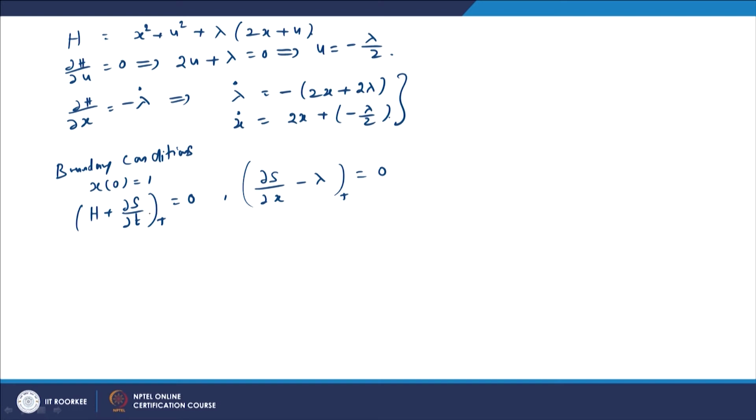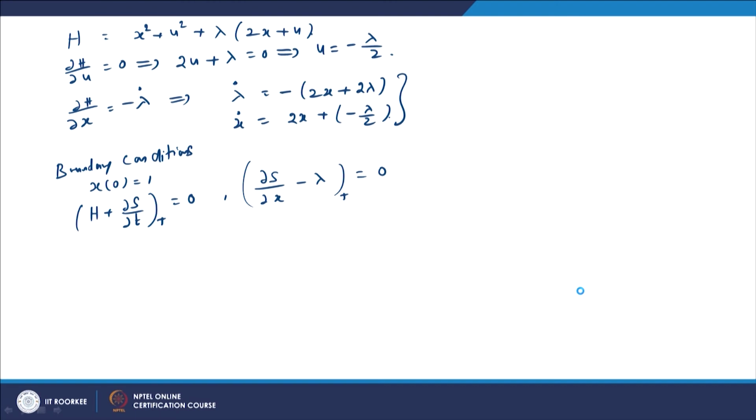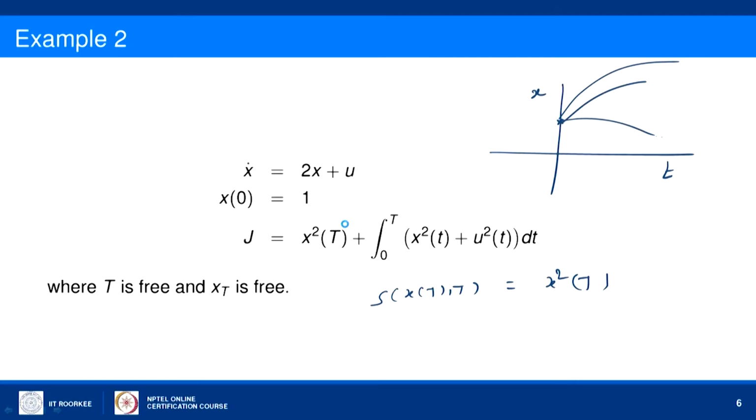Now we can evaluate; S is given in the problem, S of x of T comma T is x square of capital T. So del S by del t is 0 because S is not an explicit function of t, but del S by del x equals 2x, because S is nothing but the x square function.